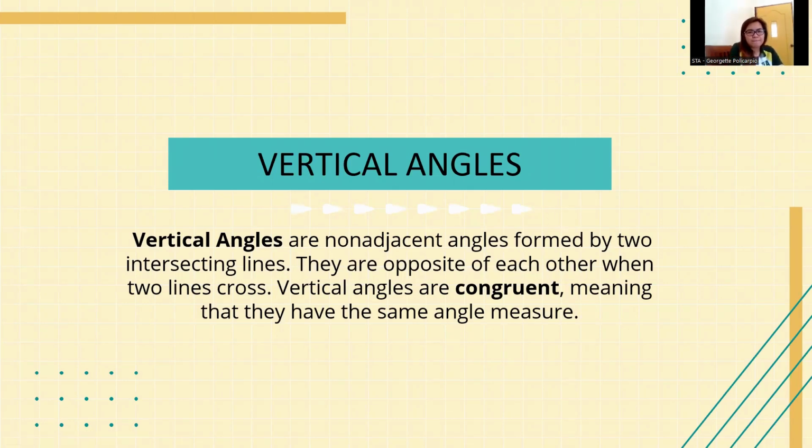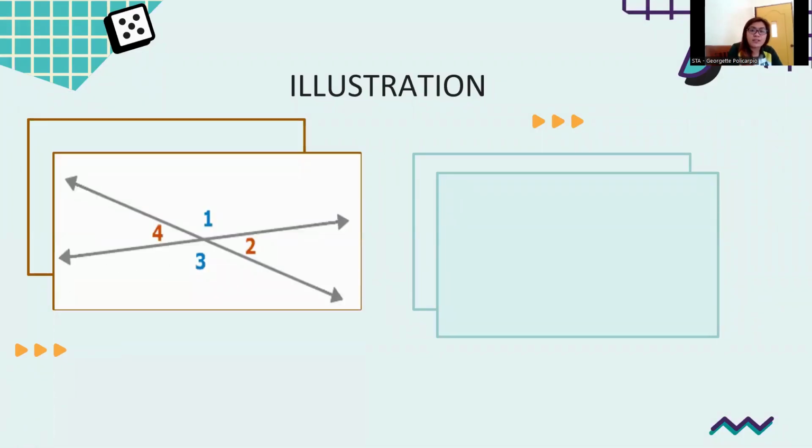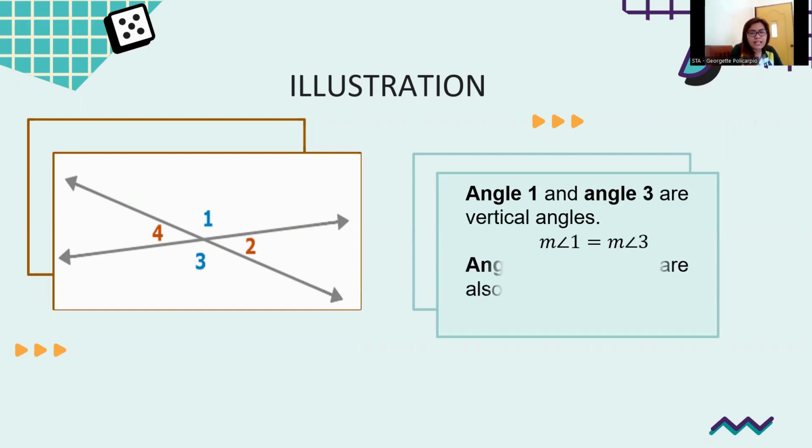Pakita natin. So, example po ng ating vertical angles ay ang sumusunod. Mapapansin niyo parehas lang siya ng illustration dun sa linear pair, pero yung ating numbers. Vertical angles po ay angles 1 and 3. Vertical angles din po ang angles 2 and 4.